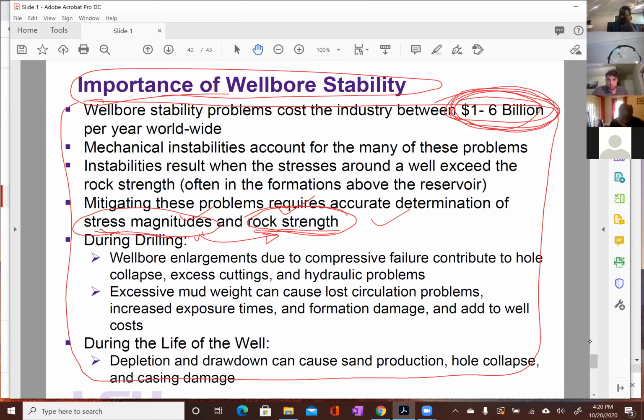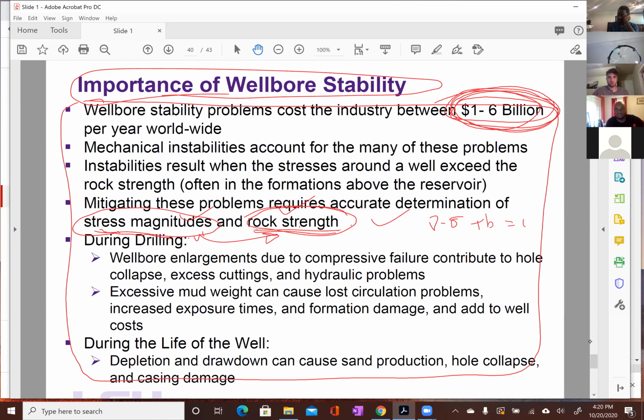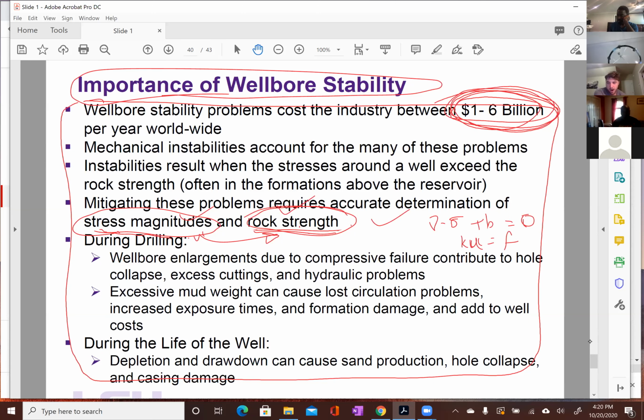So using mechanical earth models, you get these parameters, and you can use them in coupled geomechanics and flow simulation, which we discussed in module 3. Remember those poroelasticity equations, del dot sigma plus body forces equals 0, which is your KU equals F that you solved in your finite element class. That's the equation governing your geomechanics.